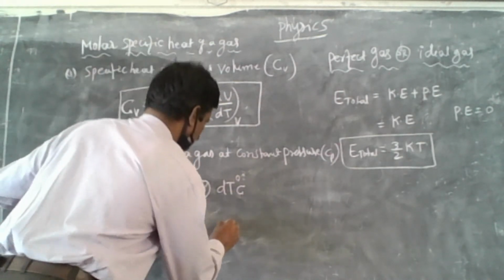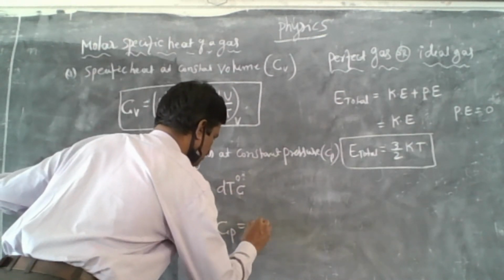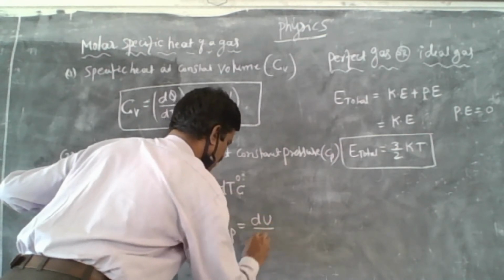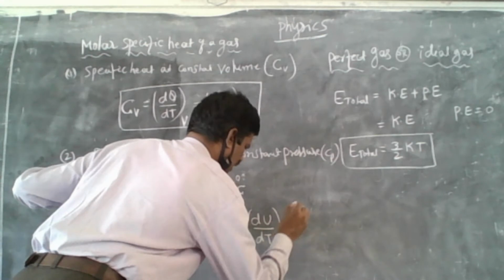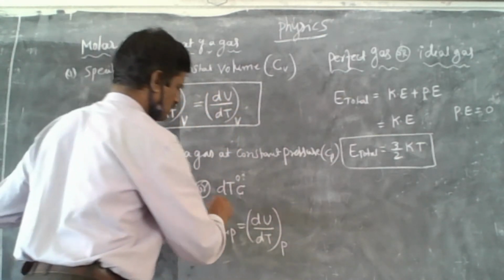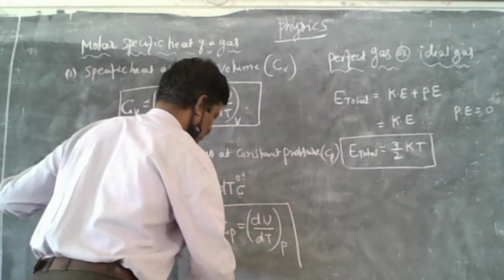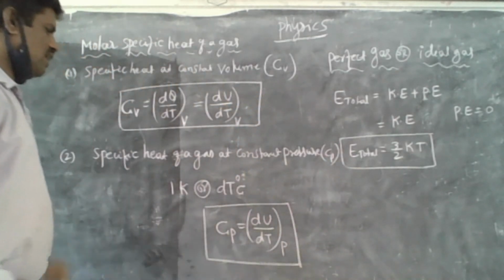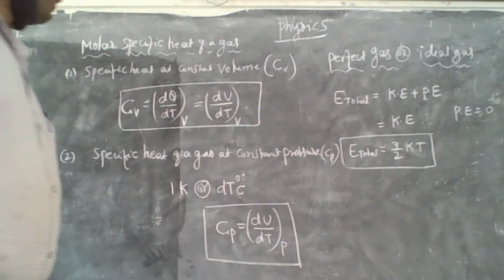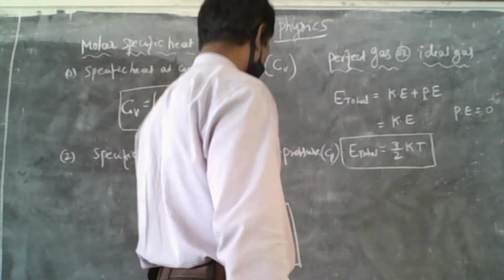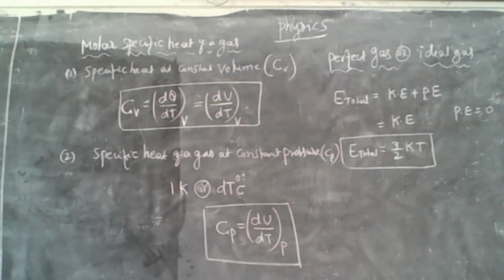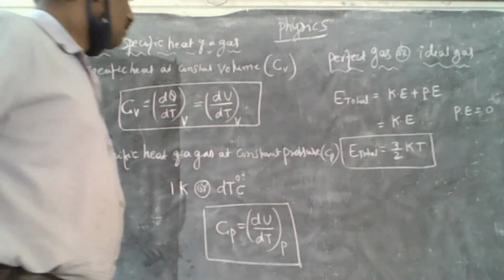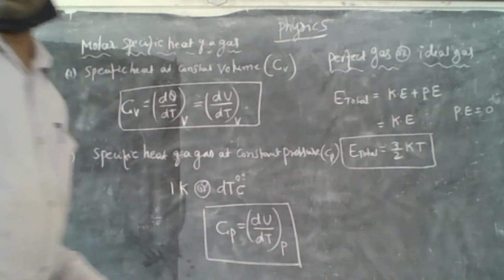Therefore, Cp is equal to dU by dT at constant pressure. So, this is known as Cp equals dU by dT at P. Therefore, there are only two specific heats for gases, isn't it?